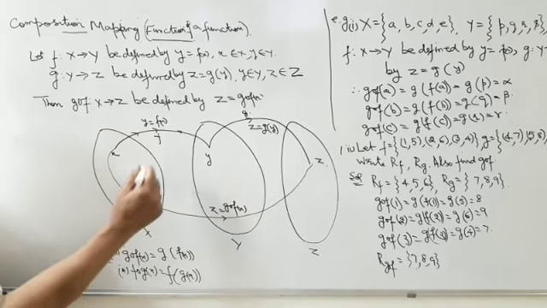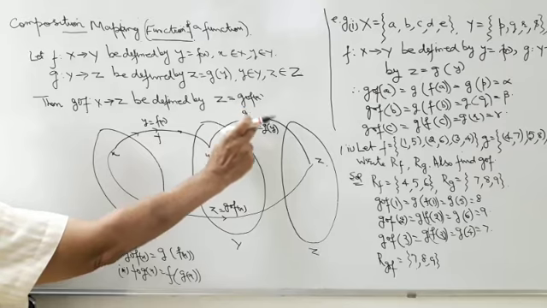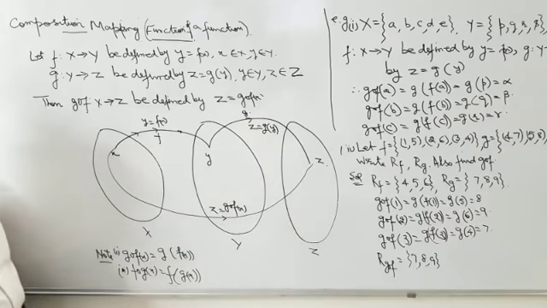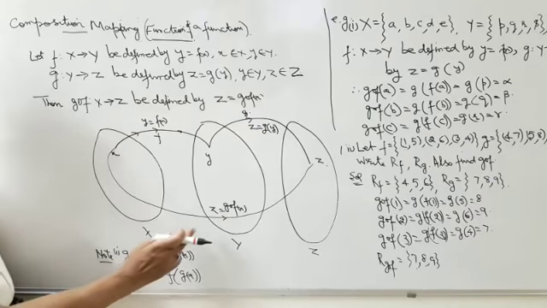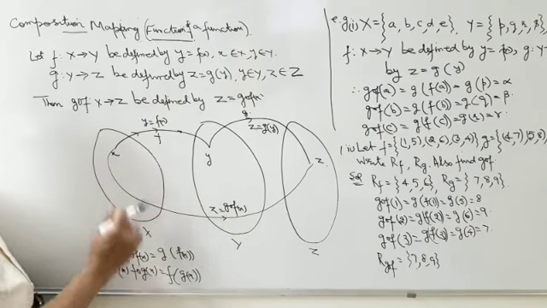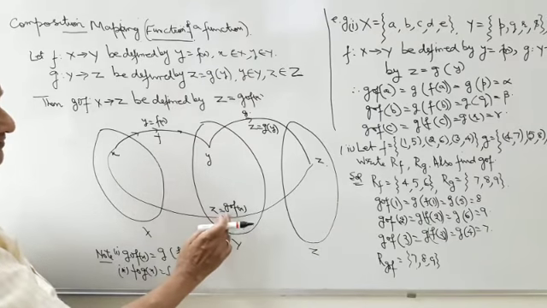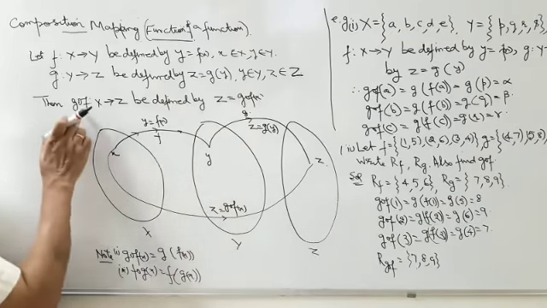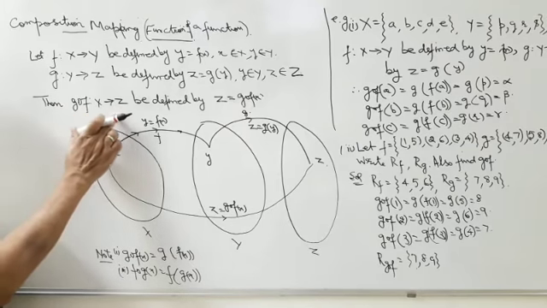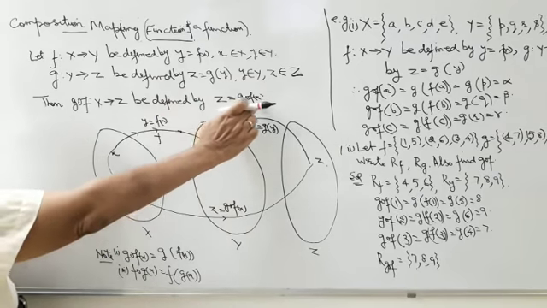And then from Y to Z, defined by g, z is equal to g(y). Draw this figure. Then we have a mapping g circle f, (g circle f)(x) is equal to z, defined from X to Z. It is defined by z is equal to (g circle f)(x).